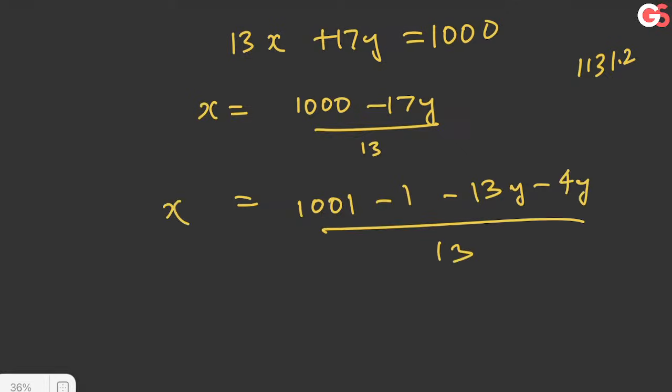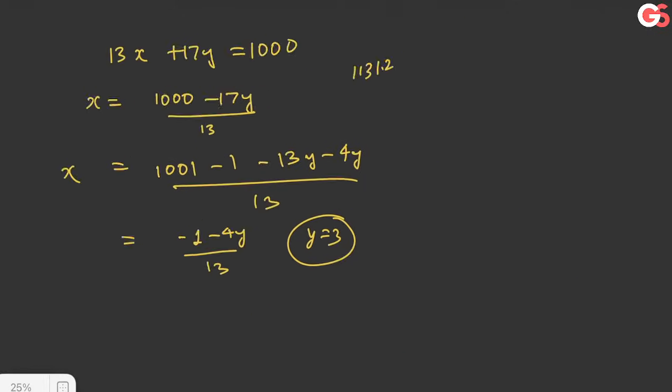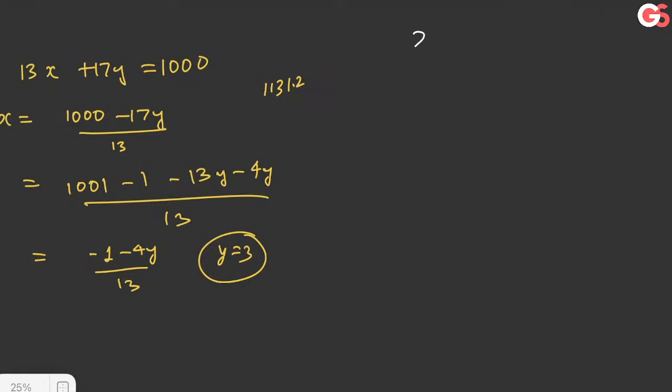The value of x, right? मैंने -1 ले लिया, हाँ हाँ, रेट्रोफैक्टराइज करना पड़ेगा, उससे मिलेगा आसपास। कोई बात नहीं, अभी हमने अलजेब्रा में पूरी तरह से नहीं गए हैं, और बहुत लोग आए हैं नए, तो उनके हिसाब से सिंपली करते हैं। -1 -4y has to be a multiple of 13. That is possible when y is 3, isn't it? When y is 3 you get -13। तो y का वैल्यू 3 कम से कम हो गया, ये मालूम पड़ गया हमें। चलो बहुत अच्छी बात है.